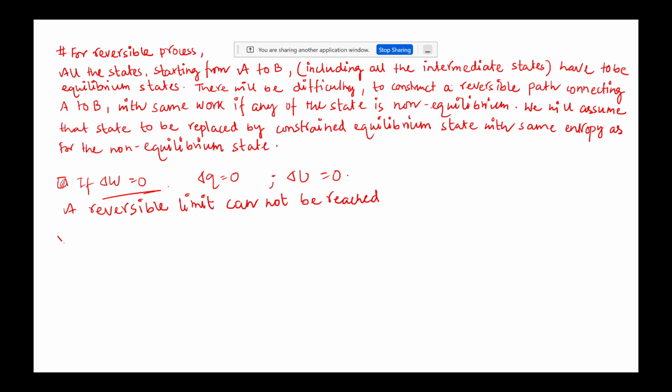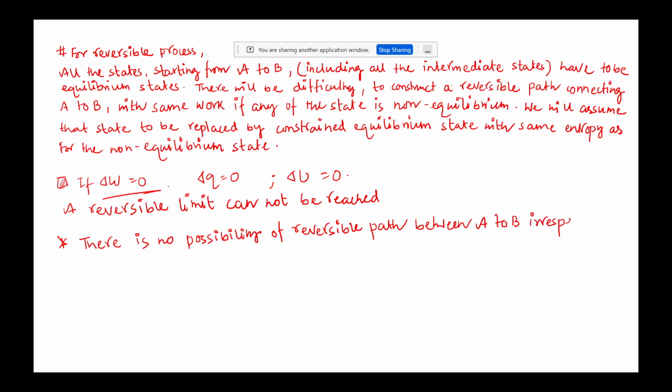So we know from the above discussions there is no possibility of a reversible path between A to B irrespective of work done.